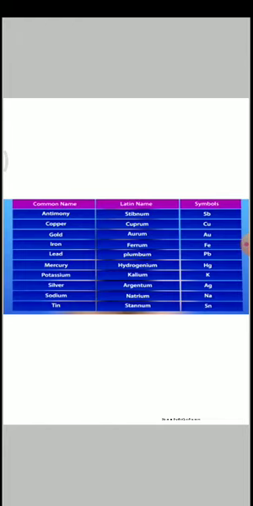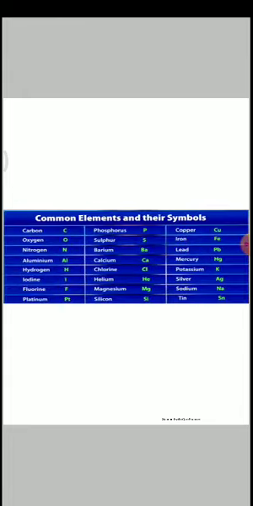So for these elements, you have to remember the common name, the Latin name, as well as the symbols. You don't really have to remember the symbols of all the elements. At least try to remember the common elements and their symbols. Here is a list of all the important elements. Can you see, students?